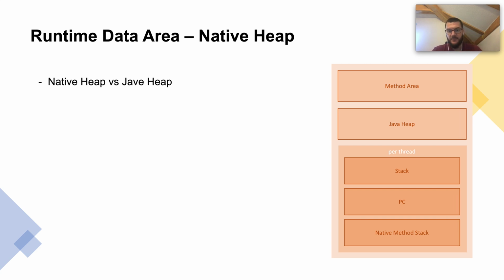The native heap is the part of memory where the JVM stores everything else. So the method area, the stack, the program counter registers, and the native method stacks are all stored on the native heap. And there are other things as well which are stored on the native heap.